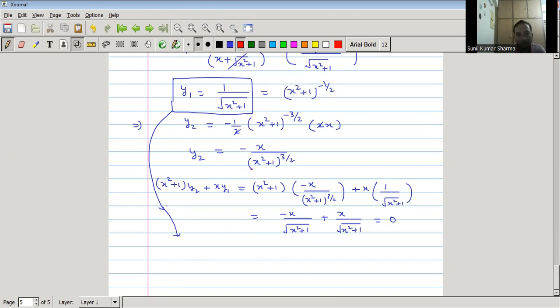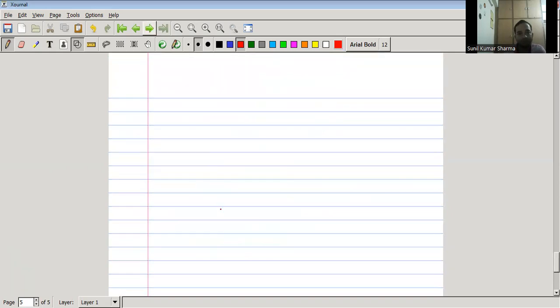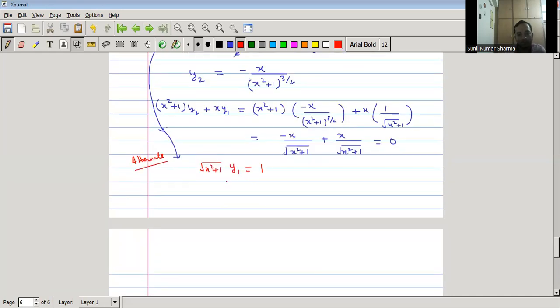Either you prove by this method or this is the alternate. You multiply both sides by under root x square plus 1, or cross multiply under root x square plus 1, we get under root x square plus 1 y1 equal to 1. Now we have to find the double derivative. So again differentiate this with respect to x.